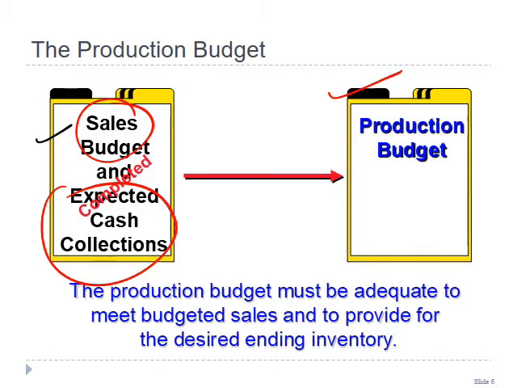So we need inventory on hand at the end of the period to minimize the likelihood of an inventory stockout, which means that maybe we don't have enough inventory to fulfill our budgeted sales.